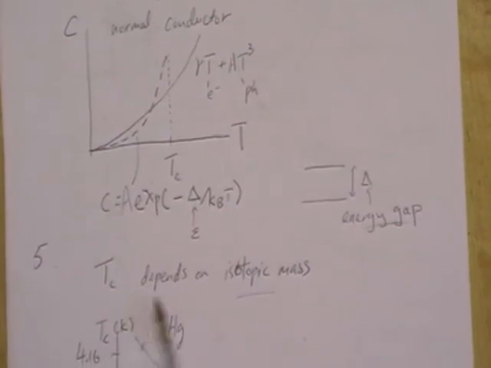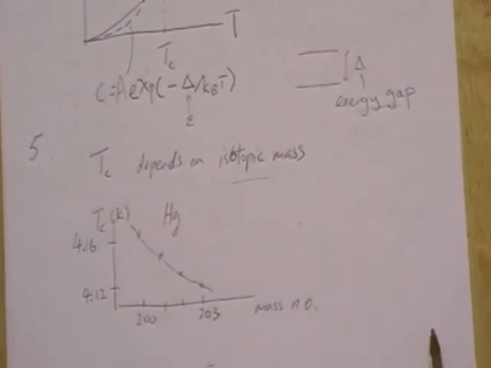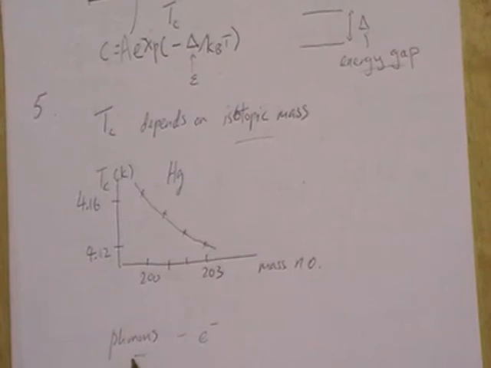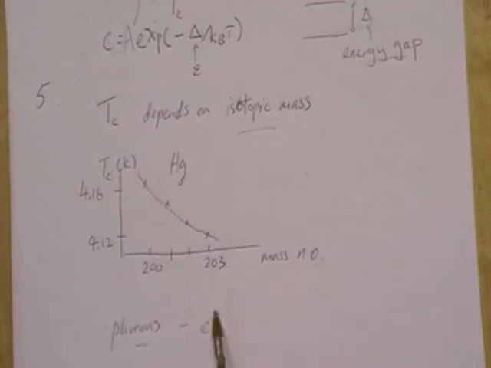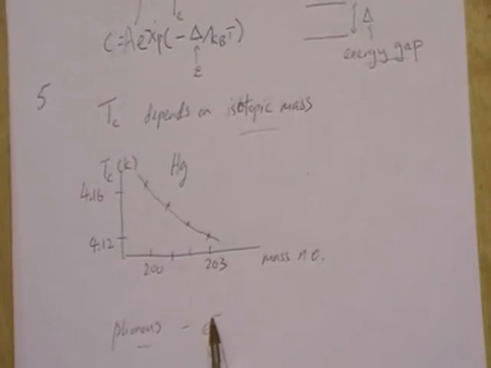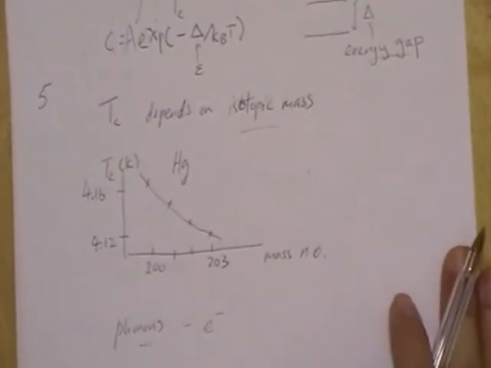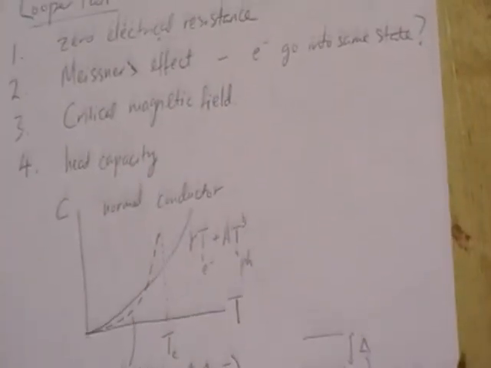The last one is about this dependence of the Tc on isotopic mass, and that led to the idea that movements of the atoms somehow contribute to the superconducting property. So with this idea, we have worked out some details for the Cooper pair. Now, from this idea, let's move backwards, back up the list.